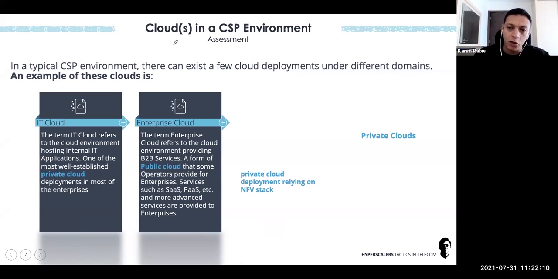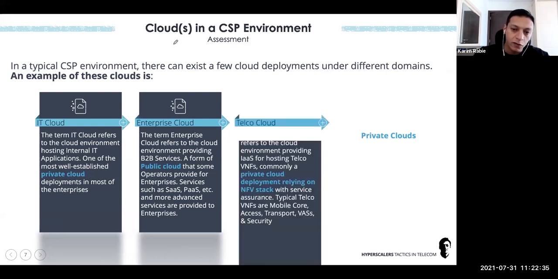And it goes well in the operators or countries where the hyperscaler doesn't have access, or for some reason there are regulations that prevent the enterprises from hosting their applications on the hyperscalers, I would say external DCs. So in that model, it perfectly makes sense for the operator to have an enterprise cloud or a public cloud.